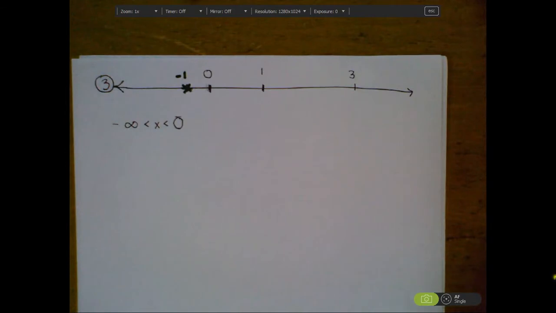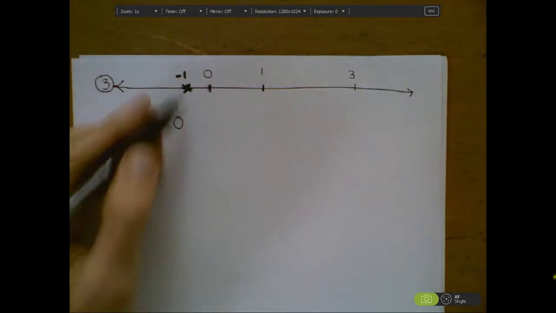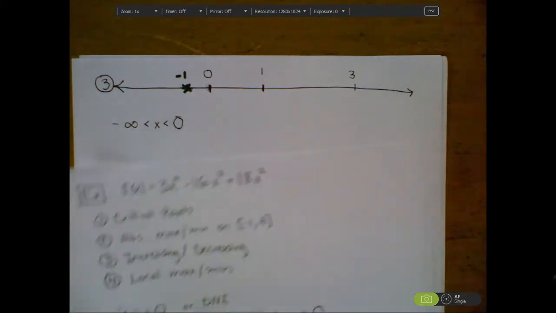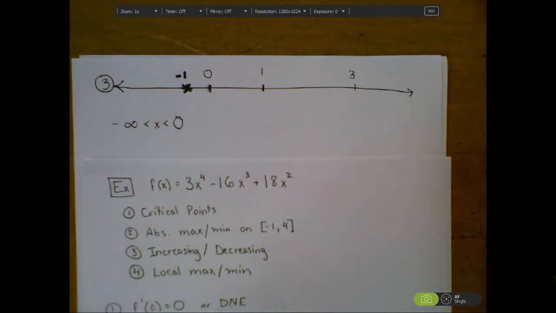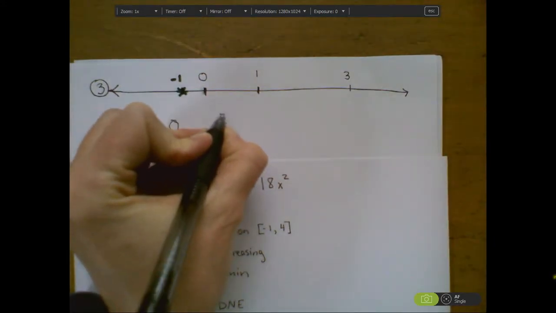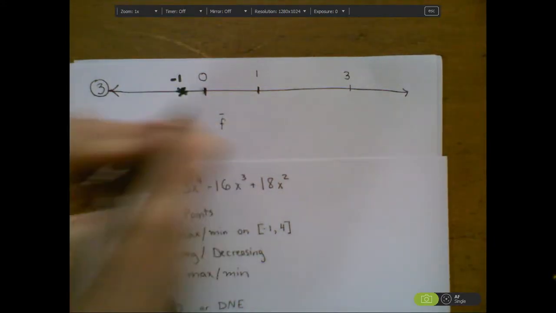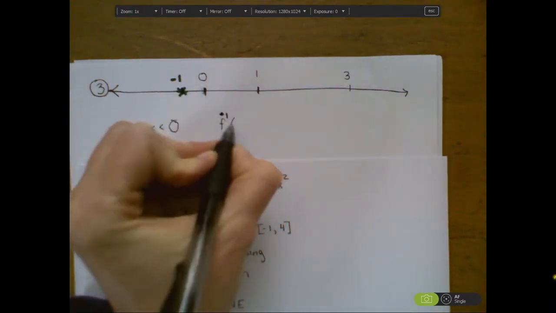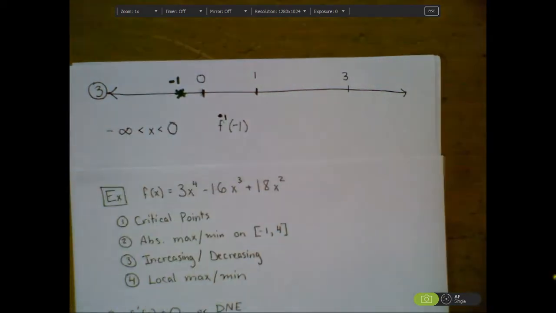I'm checking to see when I plug in -1 into my derivative, not my function, do I get a positive or a negative value? So I'm going to check what is f prime of -1. Sorry, this isn't meant to be confusing.